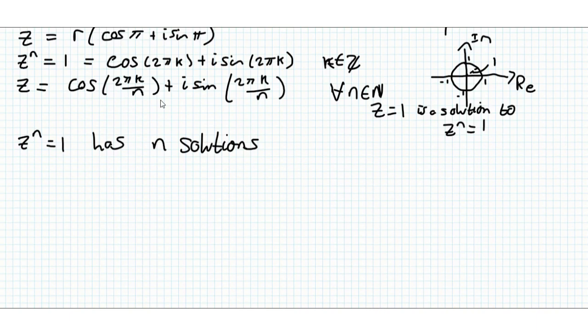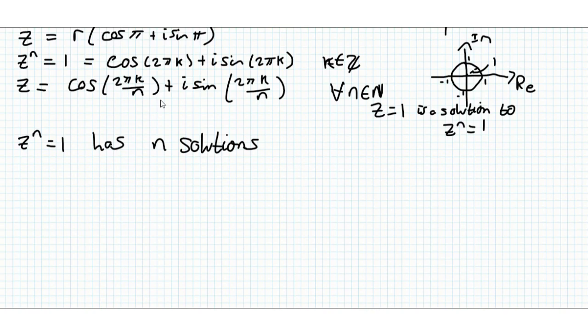But now, if n is equal to 2, when we put k equals 2 in, we get 4 pi over 2, which is 2 pi, but that is the same as 0, okay? Because that's cos of 0, because the sine and cosine graphs cycle through in cycles of 2 pi, and they come back to their original point every 2 pi cycles.